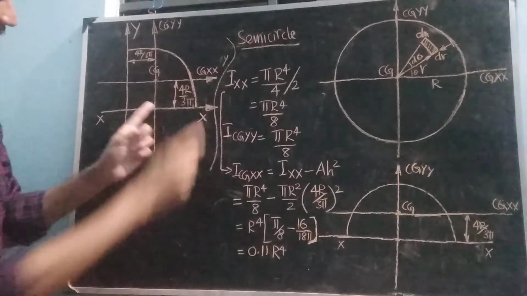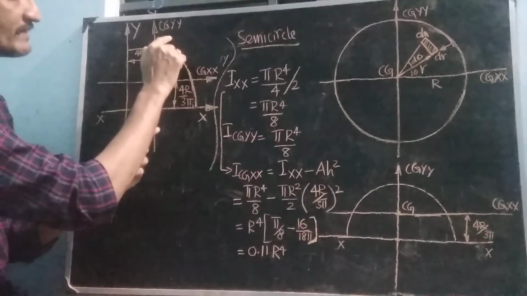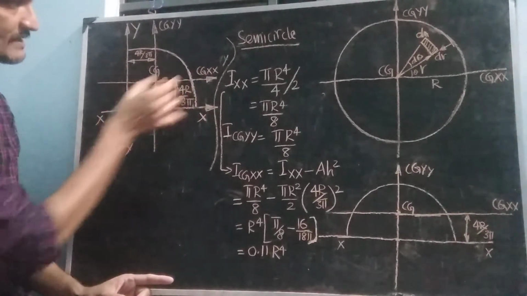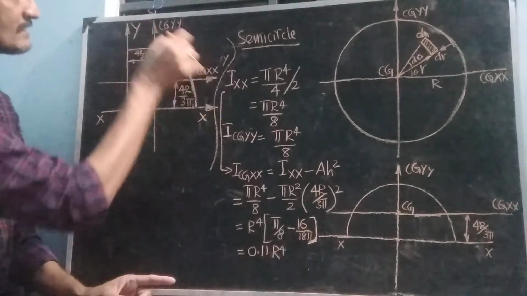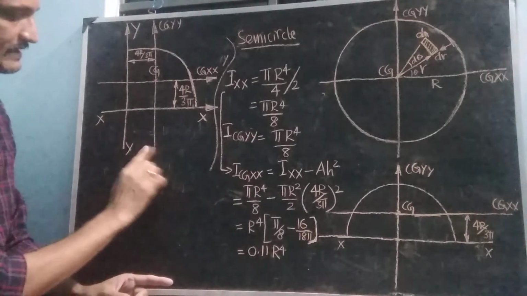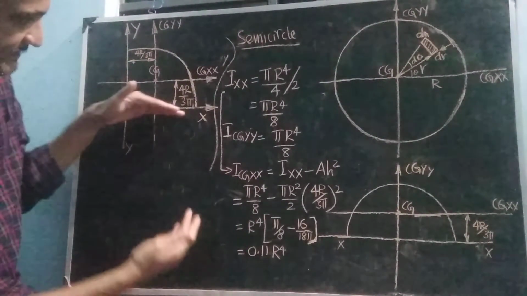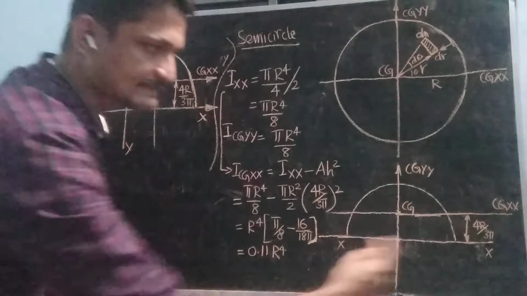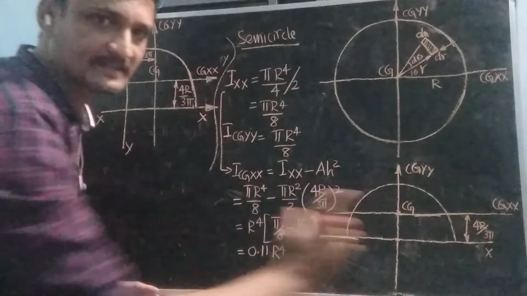Then ICGXX is exactly equal to ICGYY. Both are the same. In the case of quarter circle, ICGXX is exactly equal to ICGYY. Then this XX axis is exactly similar to the XX axis in the case of semicircle.